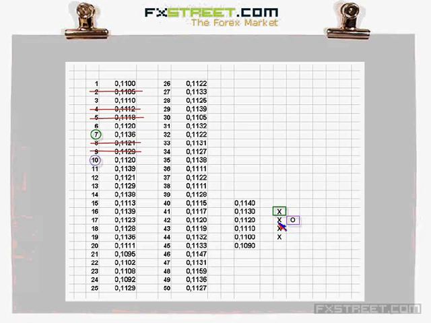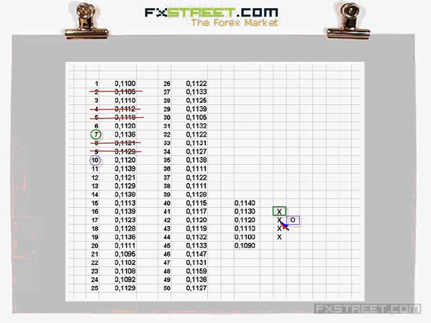Okay, so as we move on, we were right here in this box, where the hand is, 1120, right? The next price, 1136. Okay, so there is an increment of 16 pips, and we record a next X in the 30 box.